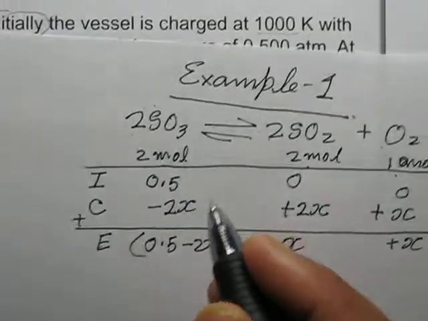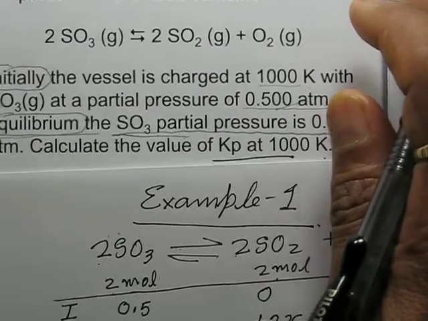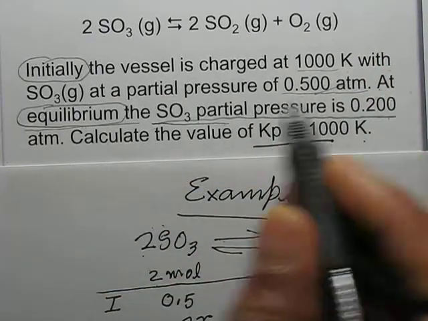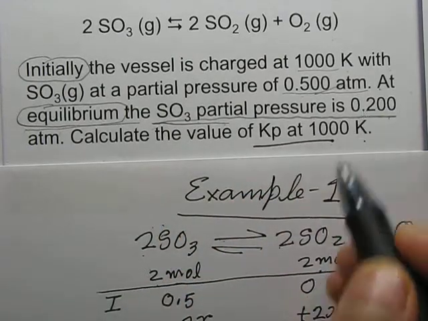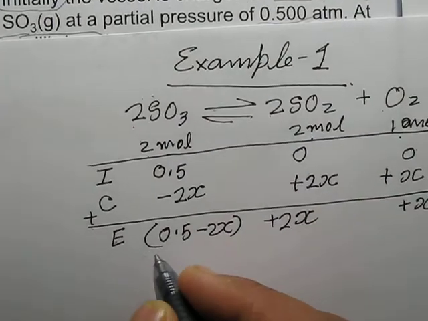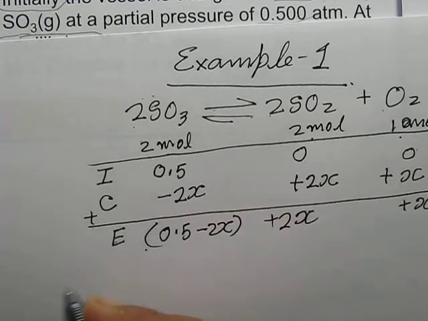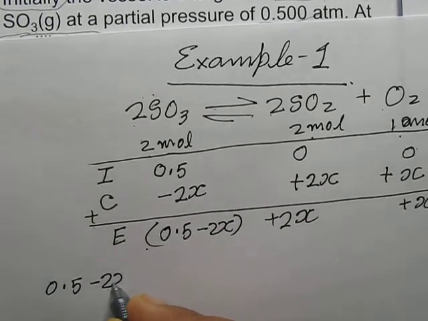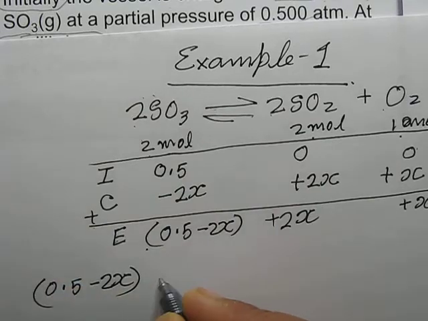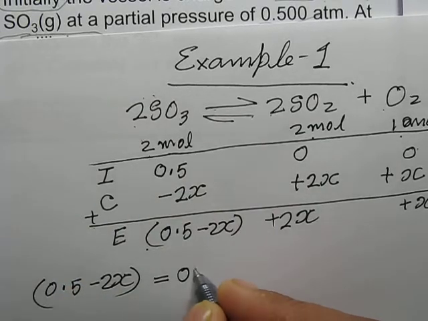But according to the question, at equilibrium the SO3 partial pressure is 0.2. It means the value of 0.5 minus 2x is given, which is 0.2.